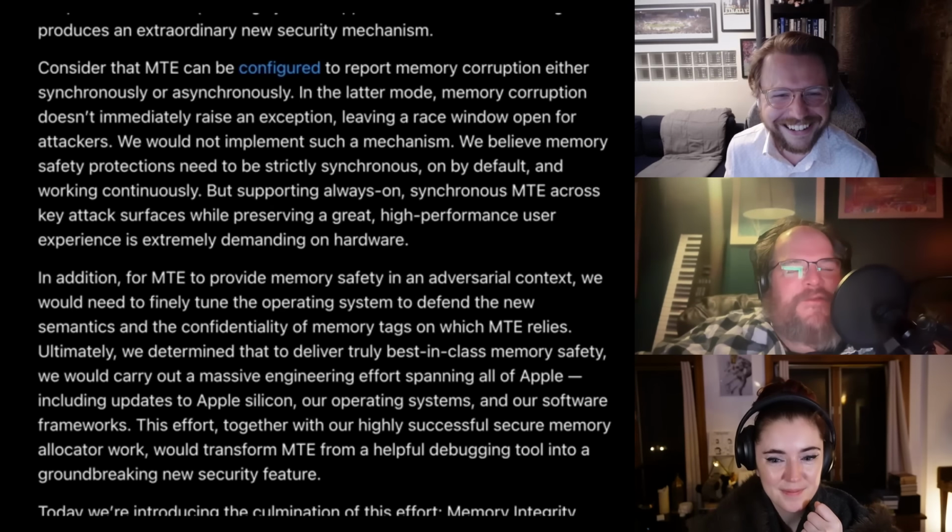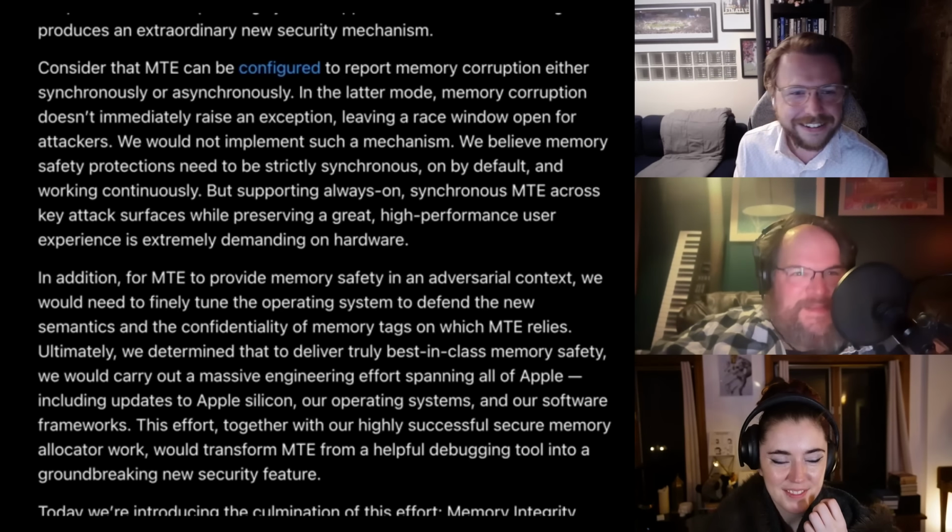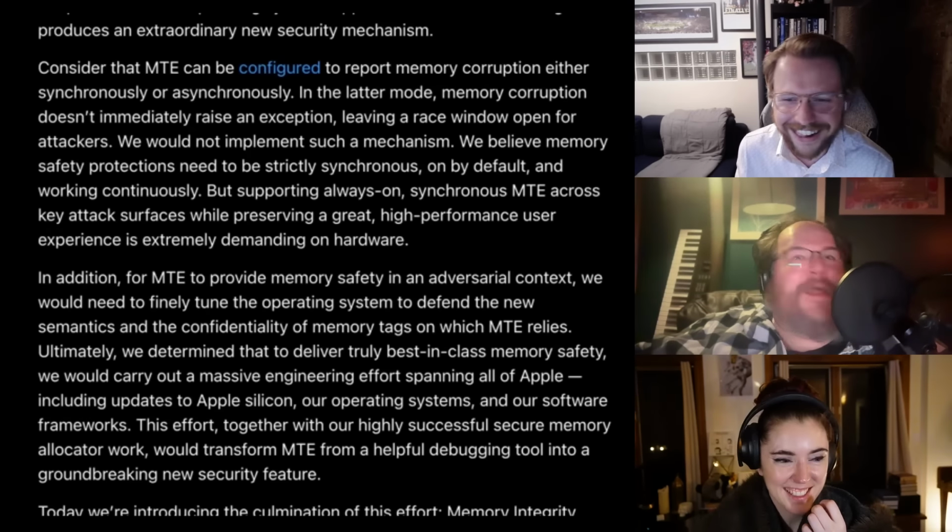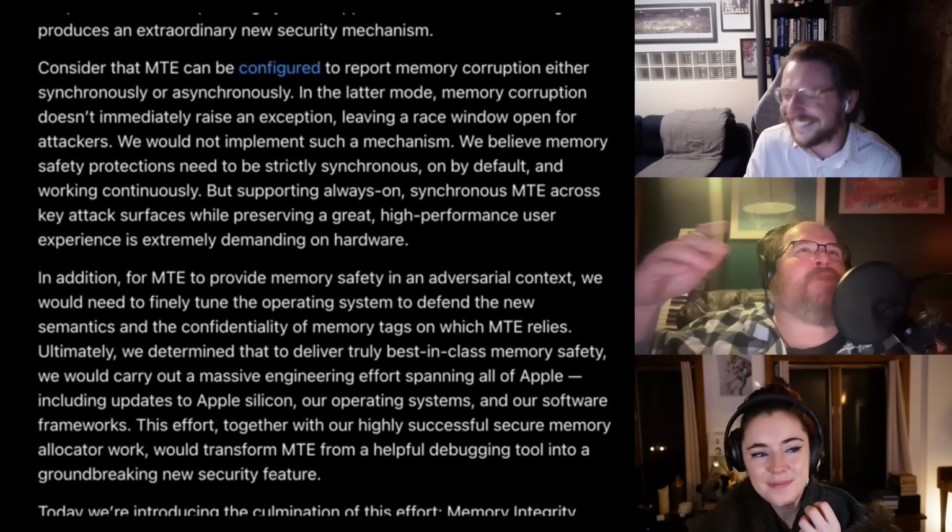They just didn't tell us about it. All they had to do is use a different verb there. They could have just said, we didn't implement such a mechanism, and it would have read fine. But they wrote, we wouldn't, which reads so weird. Depends what you mean by implement, which in this very massaged public-facing text might mean implement and deploy and ship.